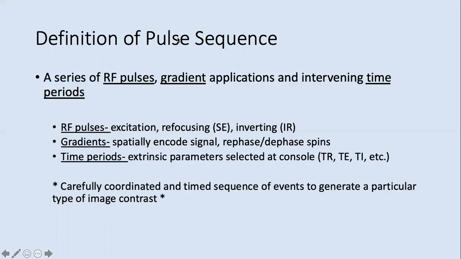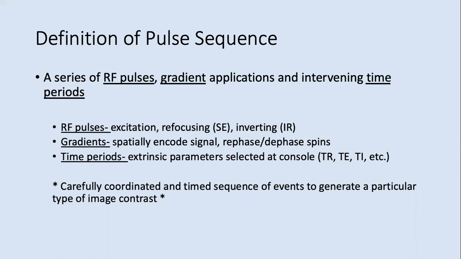And when we were talking about spin echo pulse sequences, we didn't really have to worry about flip angle, because we were basically setting a 90-degree flip angle, because our receiver coil is in the transverse plane.